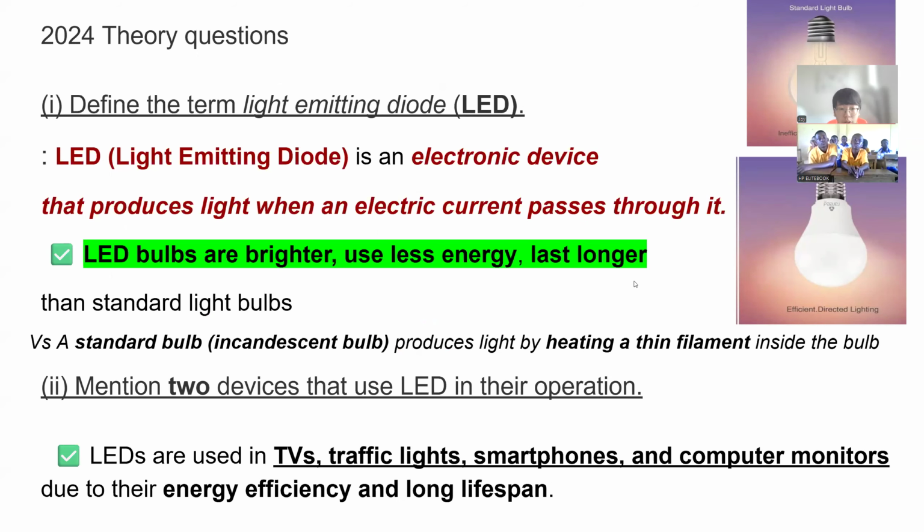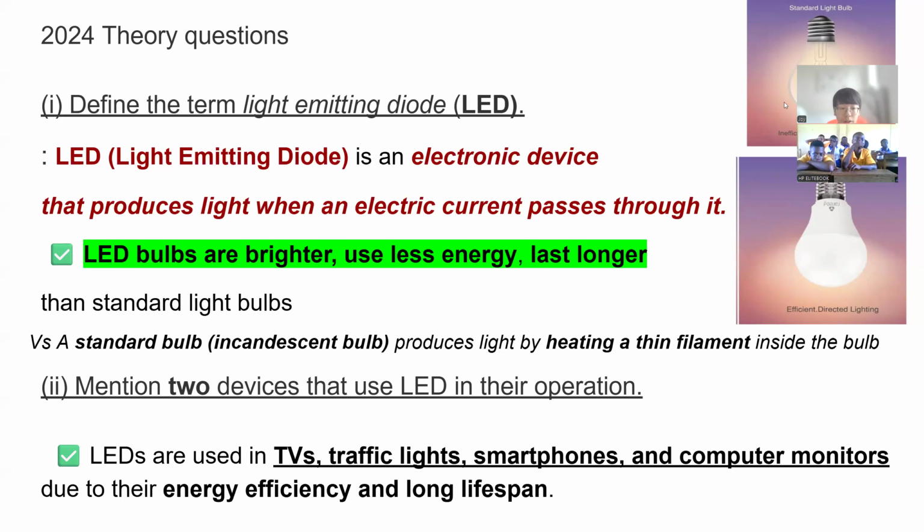So let's quickly look at this theory question. It tells us to define the term light emitting diode, which is actually the LED. If a question asks you this, you can answer by saying, for example, an LED is an electronic device that produces light when an electric current passes through it.